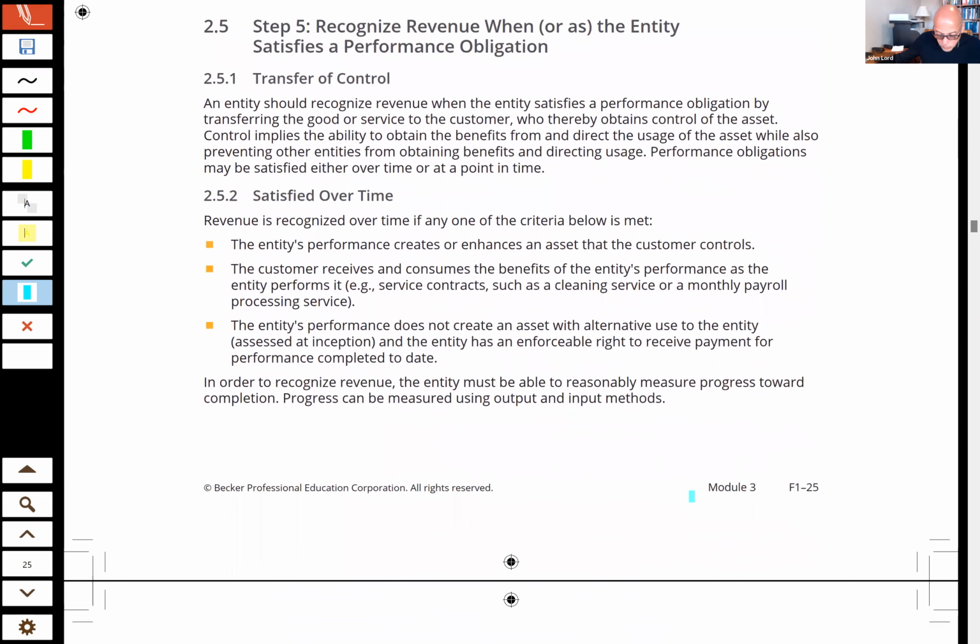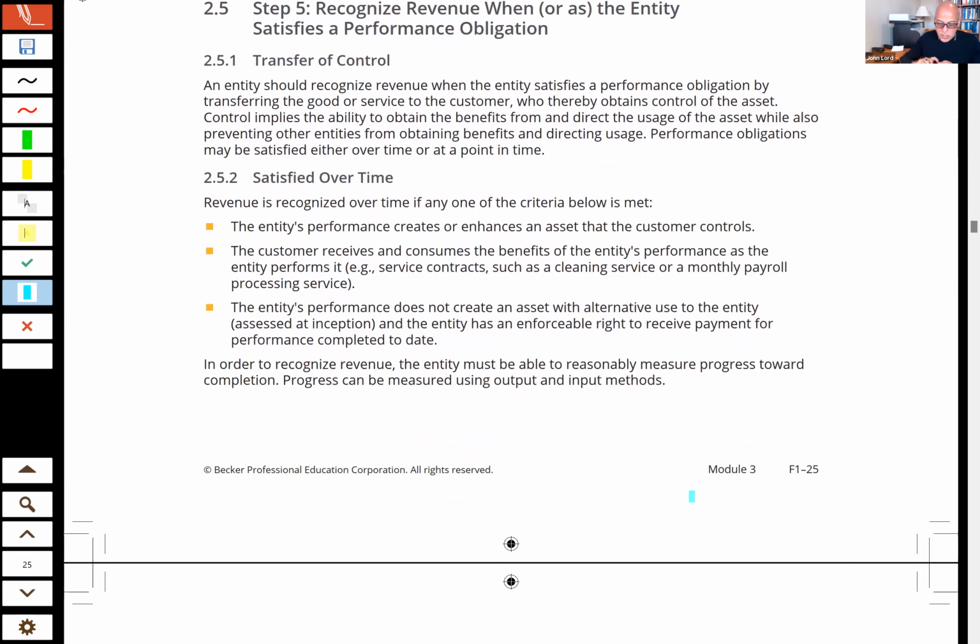Now, when revenue is satisfied over time, we will need to meet these criteria, and you need to only meet one of these criteria in order to recognize something over time. We'll deal with a point in time here in a couple seconds. Remember, that's our 2 options, over time or a point in time.